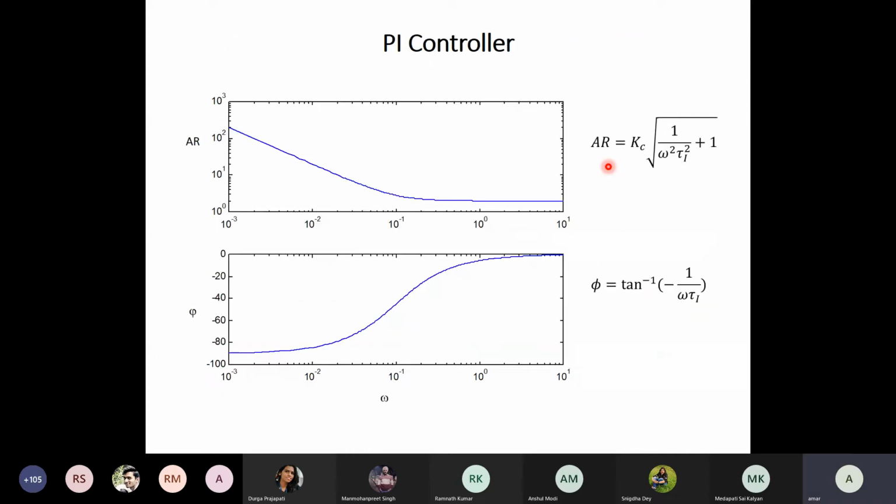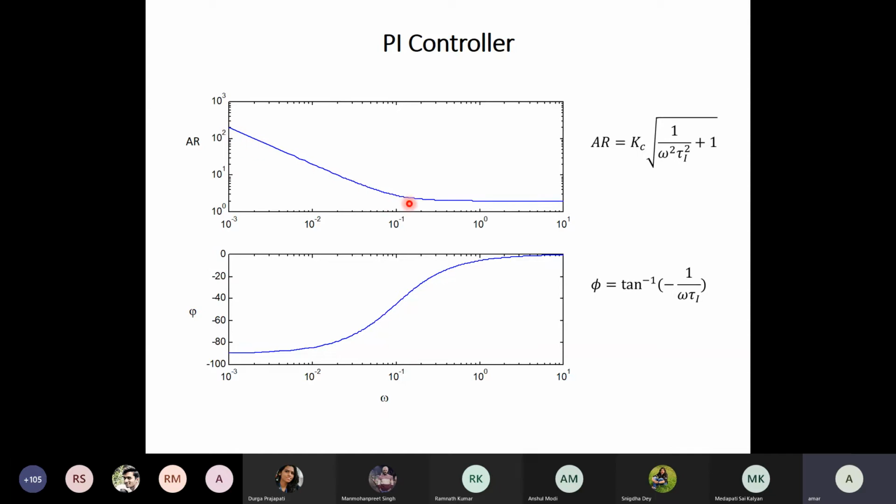Now let us see what will happen to the controllers. For a proportional controller, it will be pretty simple because it's a simple gain element, so you can easily find out what the Bode plot will be. For a PI controller, you can see the nature of the Bode plot is somewhat like this.